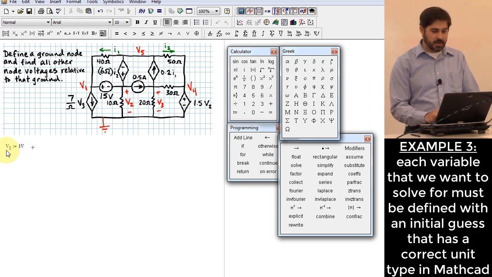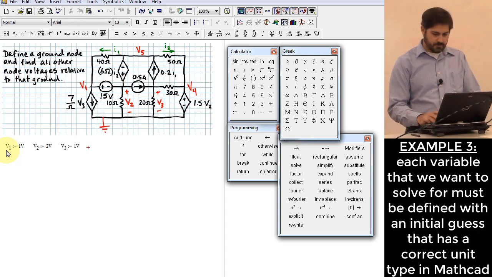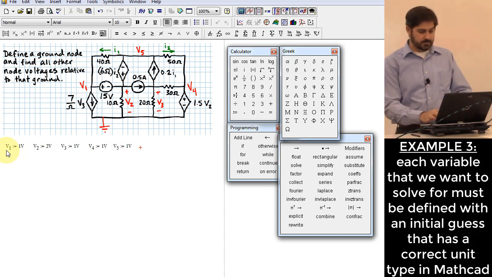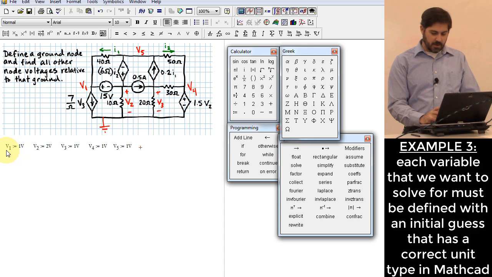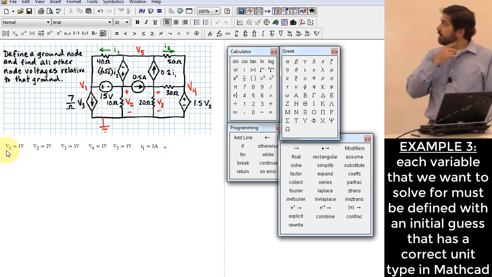So I'm going to pick initial guesses for V1, V2, V3, V4, V5. What other variables might I end up with? I1. Make sure if you're using units, which I am, that you define that with the proper units on it. And then I2.